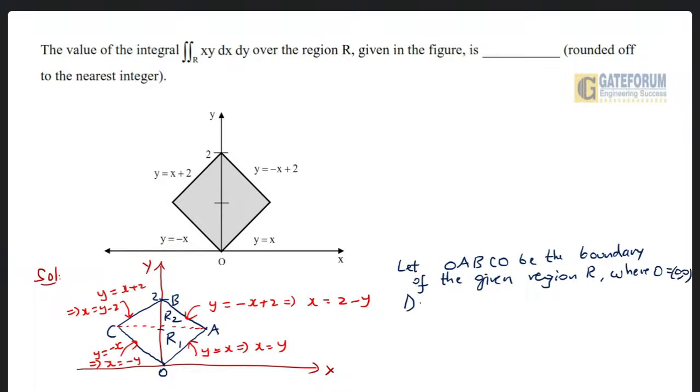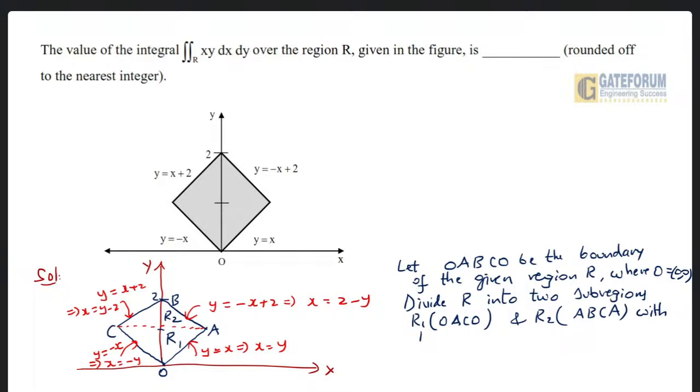Now divide region R into two subregions: R1, whose boundary is OACO, and R2, the second subregion, whose boundary is ABCA, with horizontal strips. That is, considering horizontal strips.